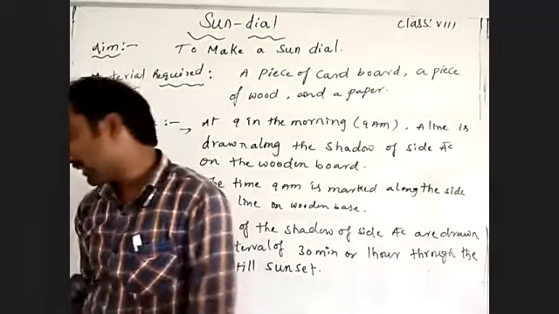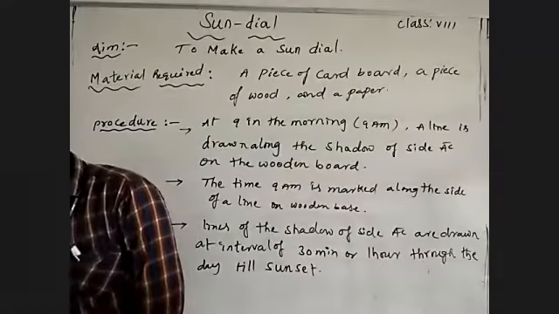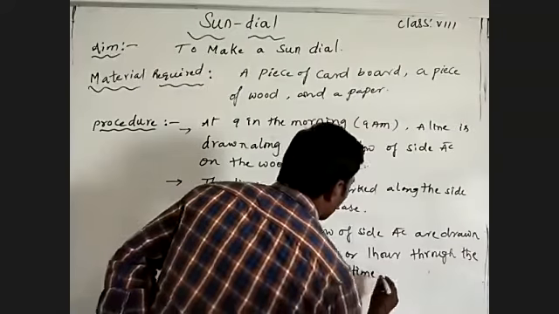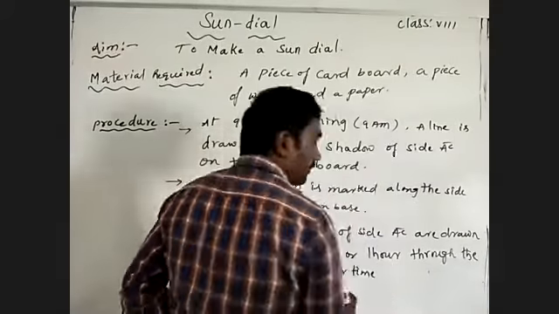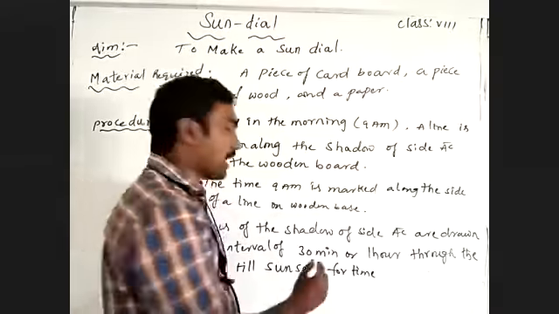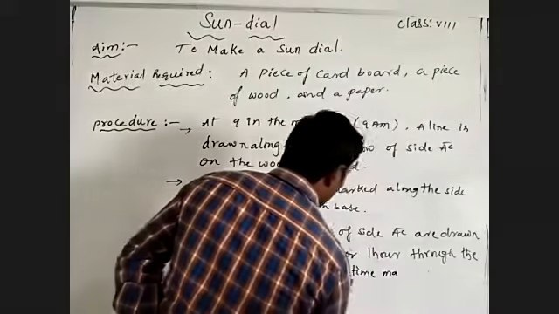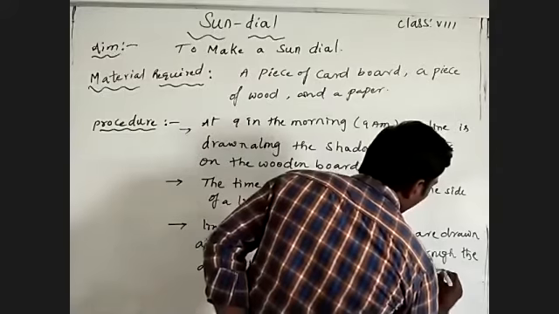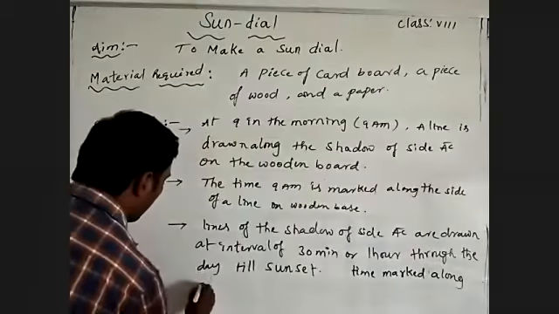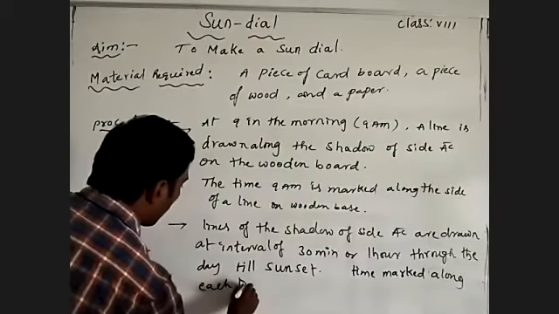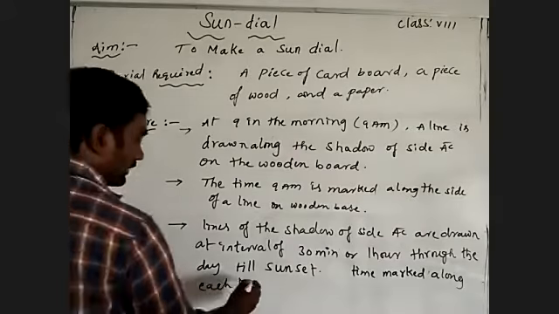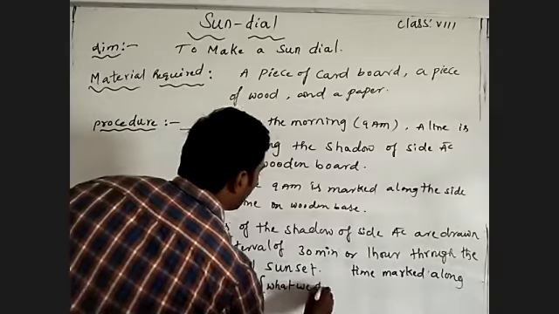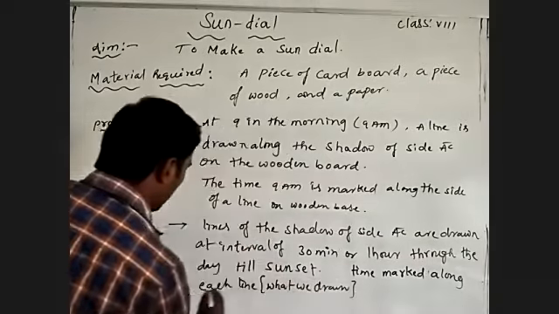Up to sunset we have to draw. The time is marked along each line drawn, each line that we draw at every interval of time.